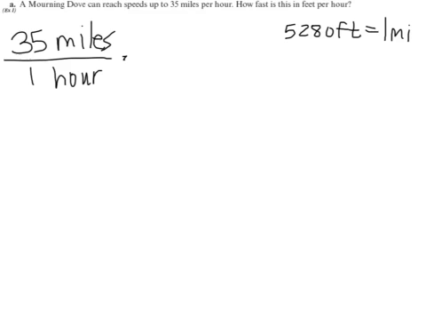So 35 miles per hour, we multiply that by, we're going to turn this conversion factor into a fraction. We don't want miles anymore, they're on top, so to get rid of them, we need to put them opposite of where they are, which means they'll go on bottom. Feet will go on top. Now we just put the numbers in where they belong, so 5,280 feet, and 1 goes with mile.